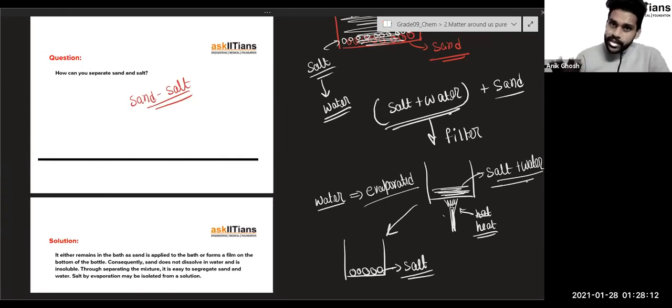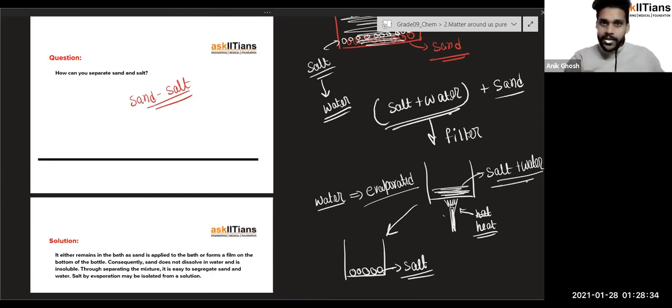The sand would not get dissolved in the water, but the salt would get dissolved there, right? Now, after that, what would you do? You just filter that entire thing. The entire solution would go through it. Salt and water solution would go through as a filtrate, and the residue would be the sand.